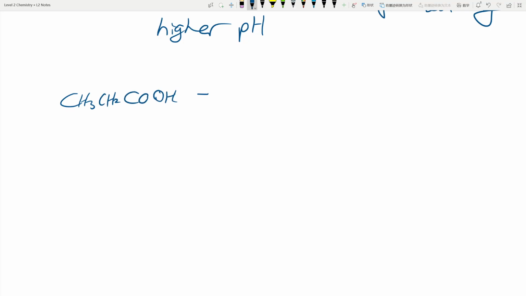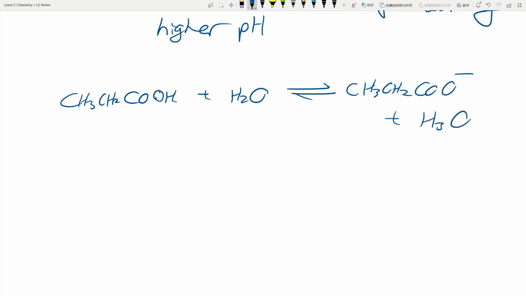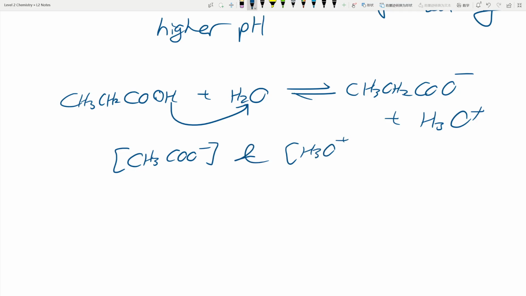So for example, this is exactly the same thing, just one extra carbon on there. This is going to become CH3COO- plus H3O+. So this has donated the H over there. As you can see, at the end, the concentration of CH3COO- and the concentration of H3O+ are going to be very low.